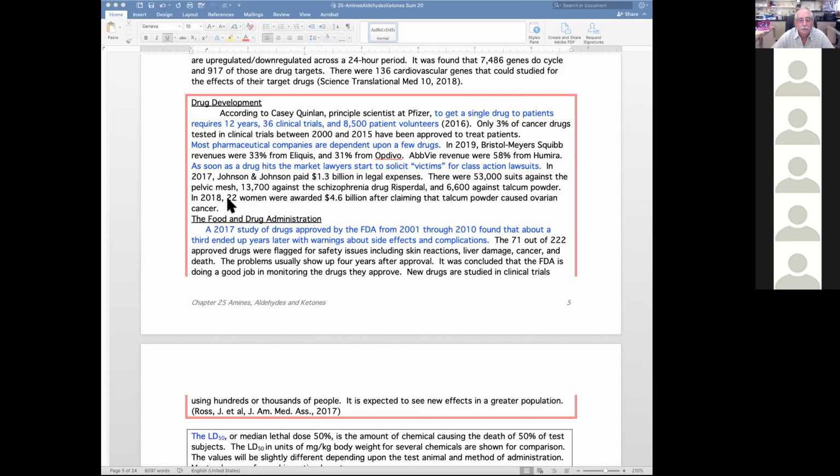In 2018, 22 women were awarded $4.6 billion after claiming that talcum powder caused ovarian cancer. I'm like, what the heck are you doing with the talcum powder? And talcum powder is an inert substance. A similar type of thing has been going on with, what's the word?